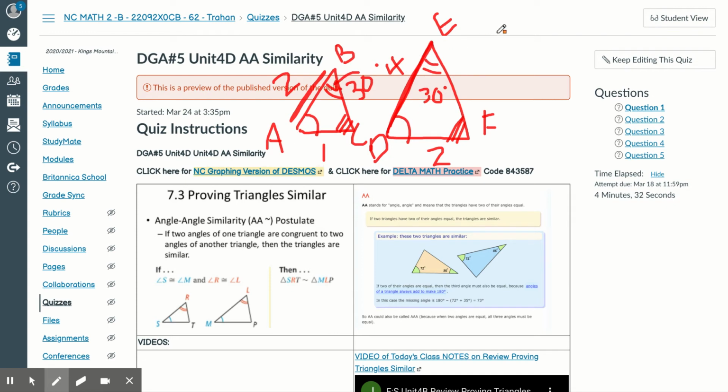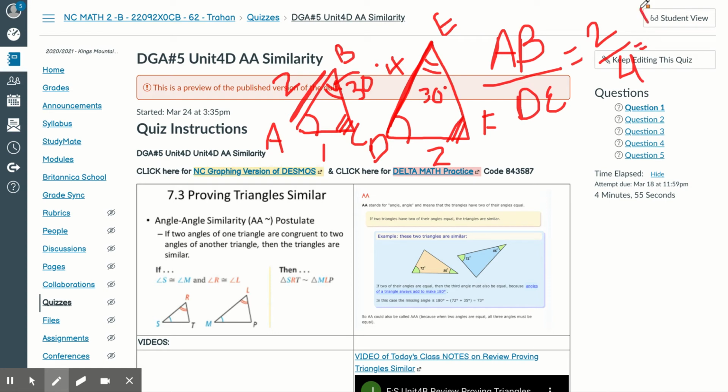So if I set up a fraction, it would be AB to the corresponding side, DE, is equal to AB is 2, DE is 4, reduce that fraction, and we get 1/2.